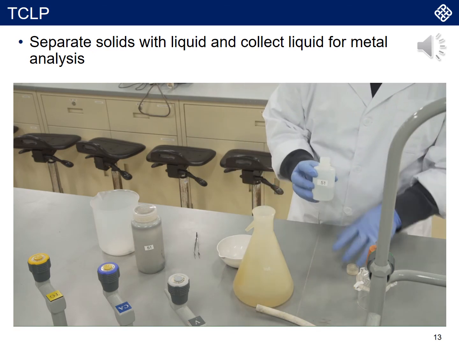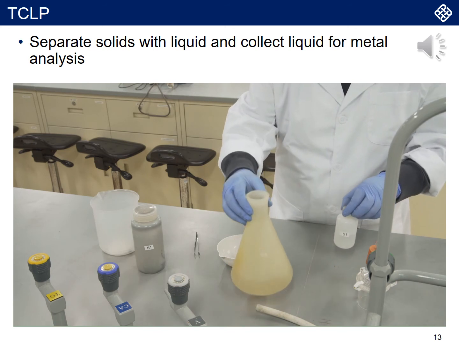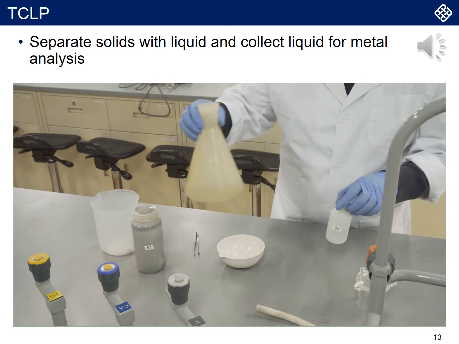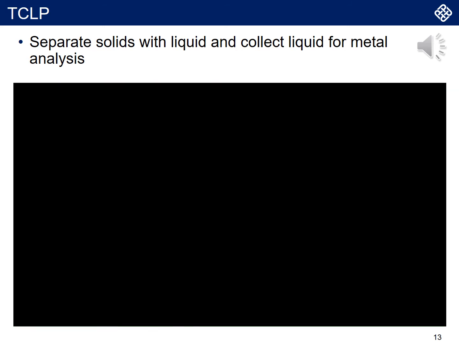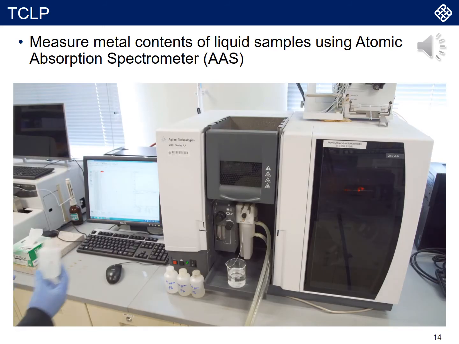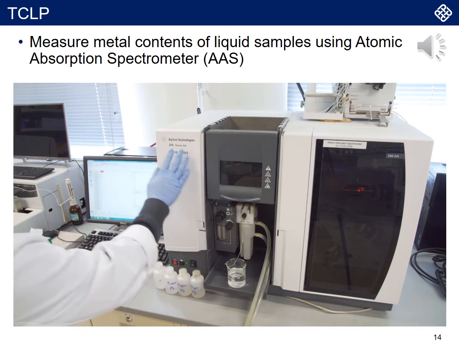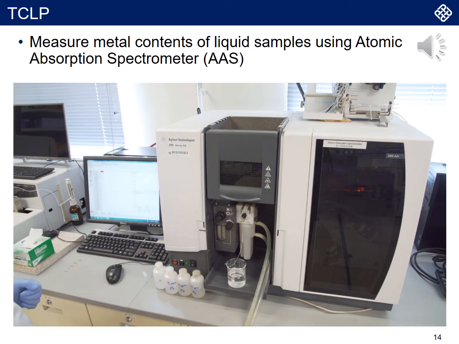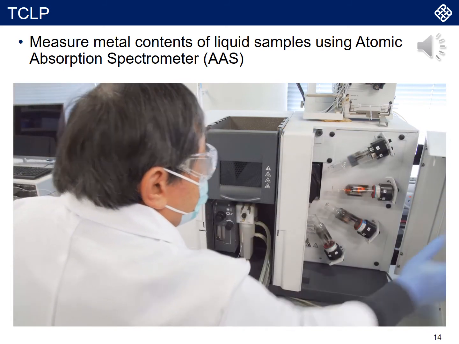After we separate the liquid, we can put the required amount of the sample into the small bottle. This is the device we call AAS, used to determine how much heavy metal and what type of heavy metal we have in the liquid.